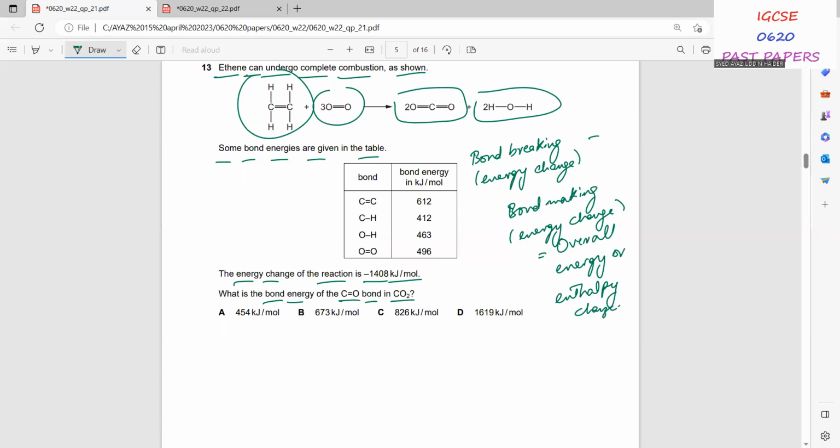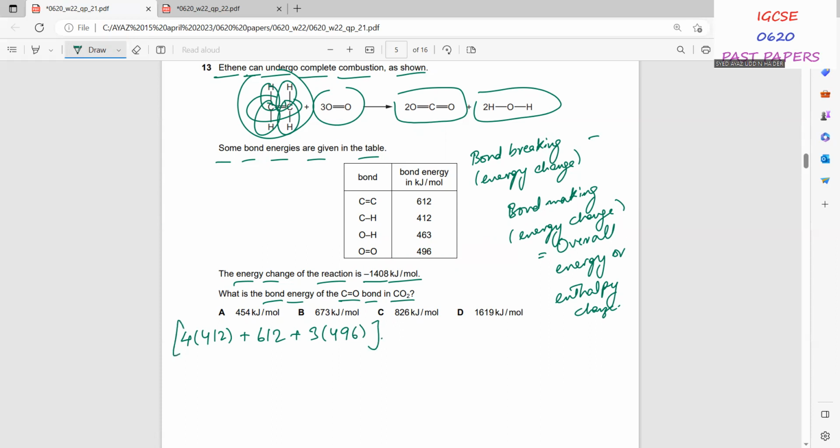So we have reactants minus products. So we have 4 C-H bonds, 1, 2, 3, 4. 4 C-H bonds. So we will multiply 4 by 412 plus 1 C double bond C, 612, plus 3 O2 bonds. So we will multiply 3 by 496.